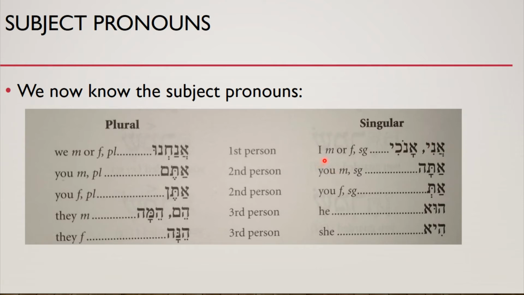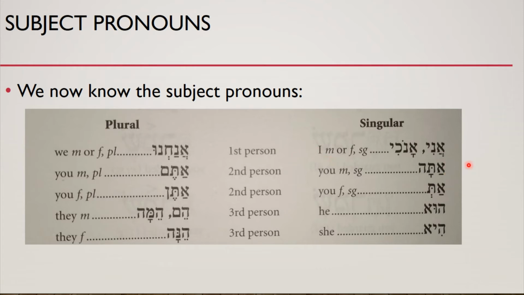Since first person in Hebrew does not have gender, it's neither masculine or feminine, it's basically both. Another way we say this, rather than first person masculine, feminine, singular, is just first person common, singular and plural, is how I was taught it. So if you hear me say that, that's why, because there's not a gender attached to this pronoun.